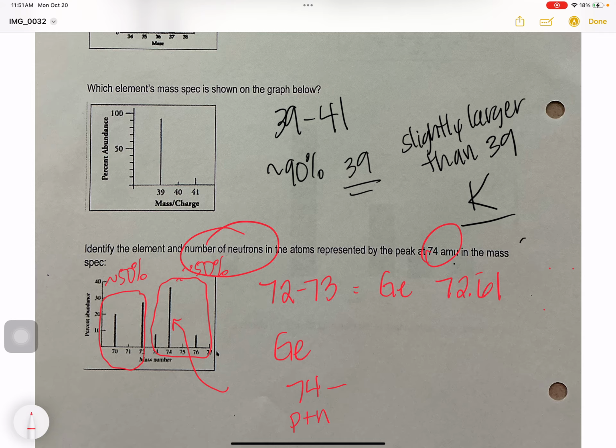If I subtract from that the protons in Ge, which is 32, because that's Ge's atomic number, then I get the fact that I should have 42 neutrons in the peak representing the mass of 74. And that's how you could do a problem in that third situation, about identifying a specific isotope from the graph.